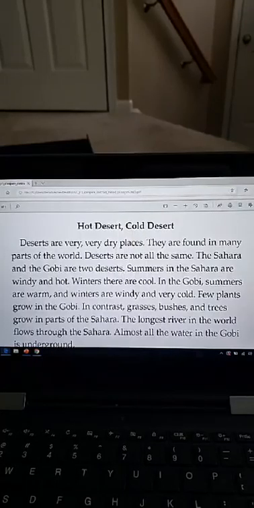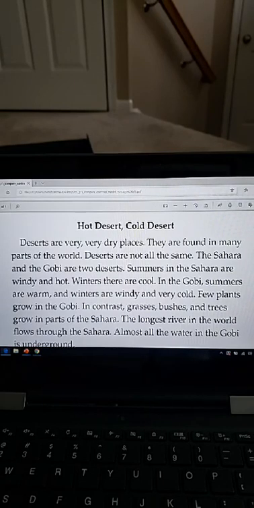So now we know that summers in the Sahara are windy and hot, but winters in the Sahara are cool. Let's continue reading. In the Gobi, summers are warm and winters are windy and very cold. So far we know that both deserts compare because they both have summers and they both have winters.